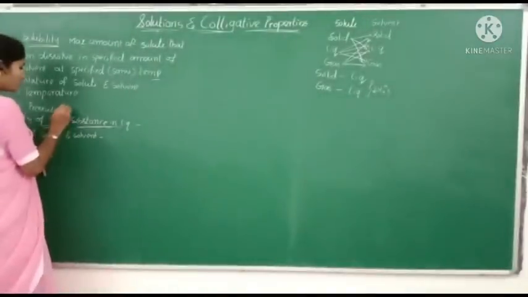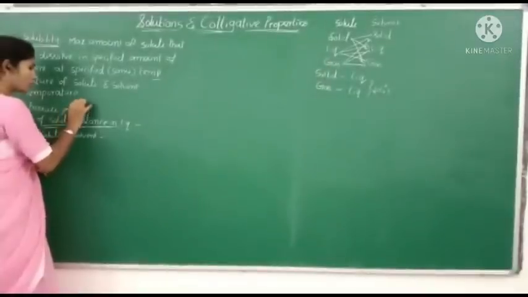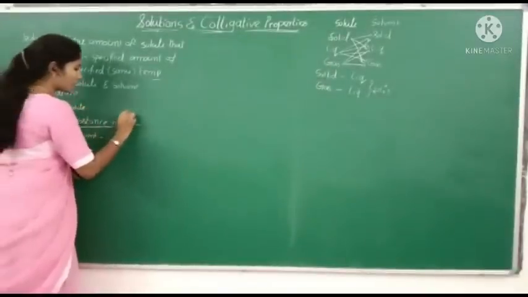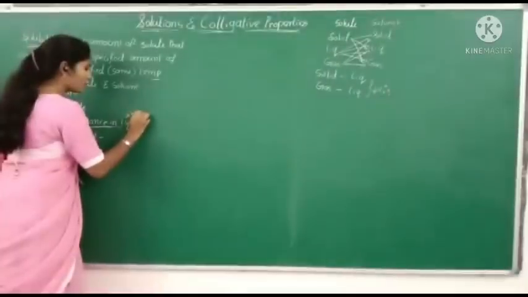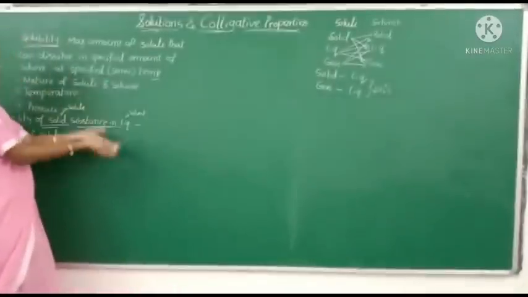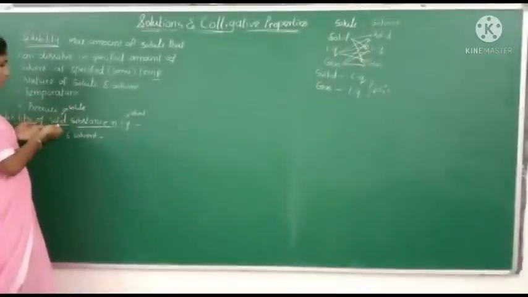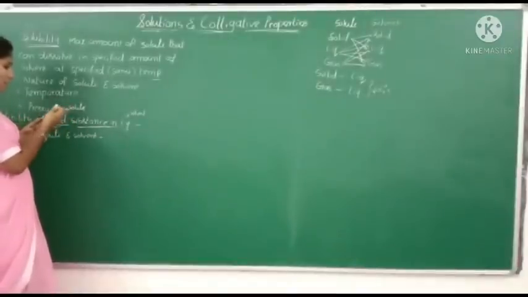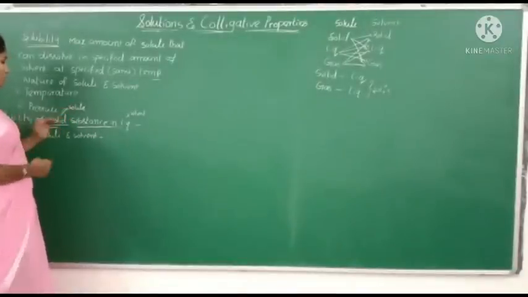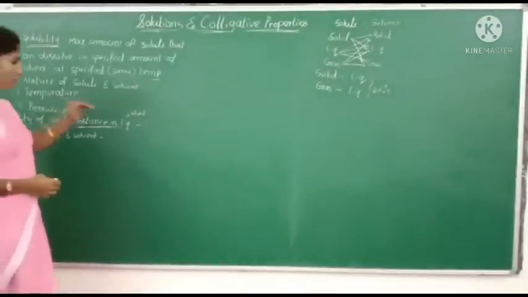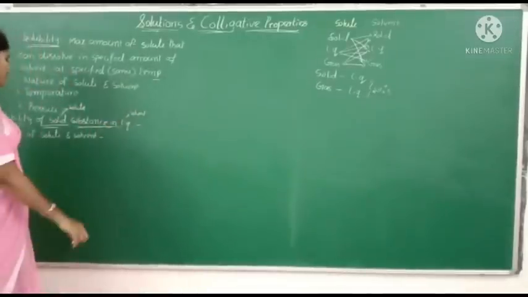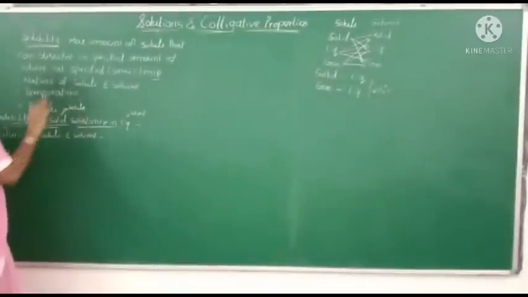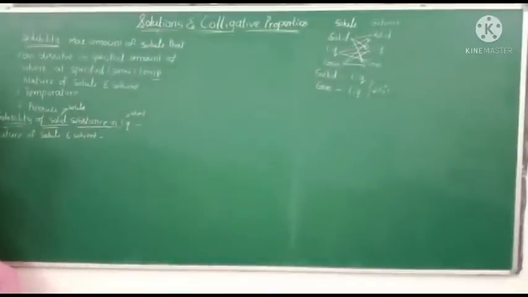The solid substance can be called a solute and the liquid substance can be called a solvent. Here we are dissolving a solid substance in a liquid substance. So in those solid substances also it may be polar or non-polar in nature.